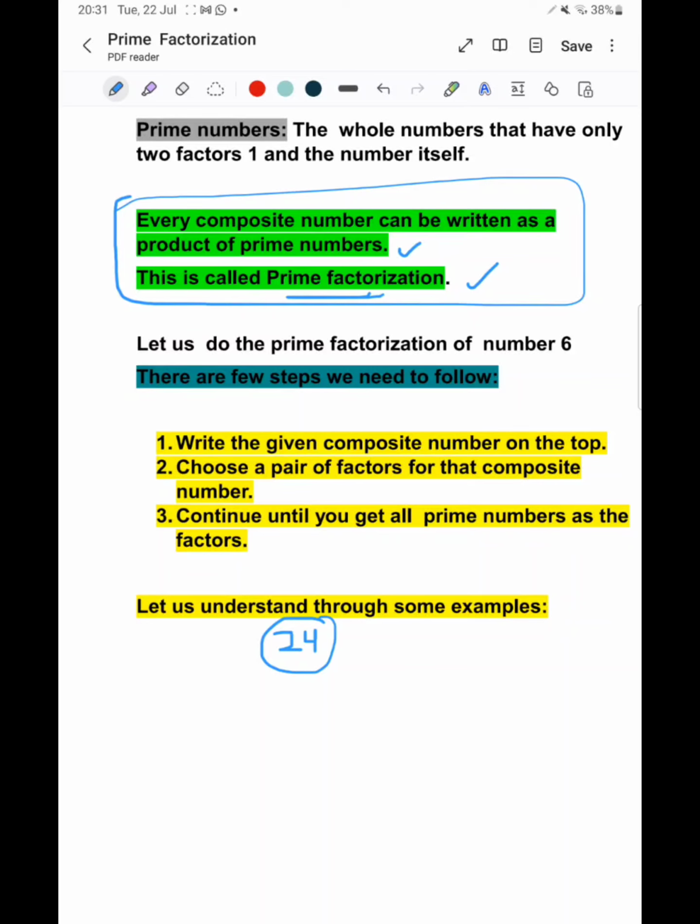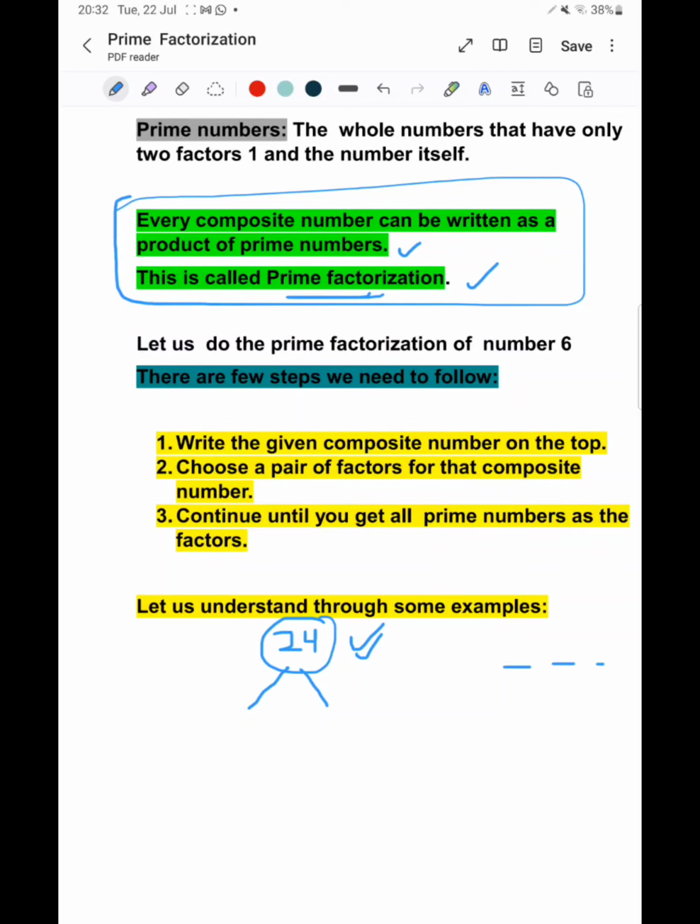Let's understand this. First of all, the number whose prime factorization we have to do is 24. Now I will write this 24 as a product of 2 factors of 24. They can be prime or not prime, it does not matter, but our main target is to reach the prime numbers.